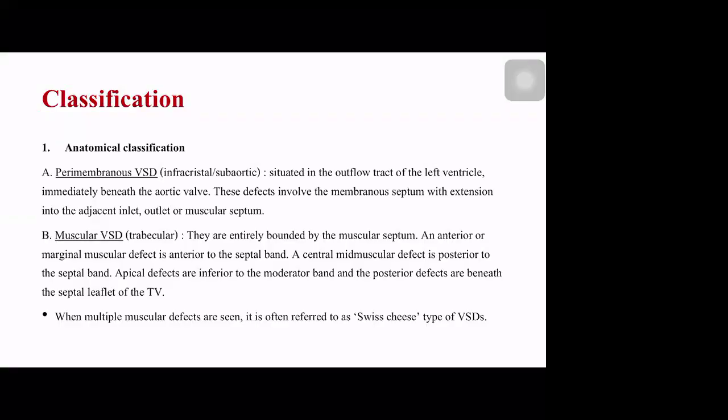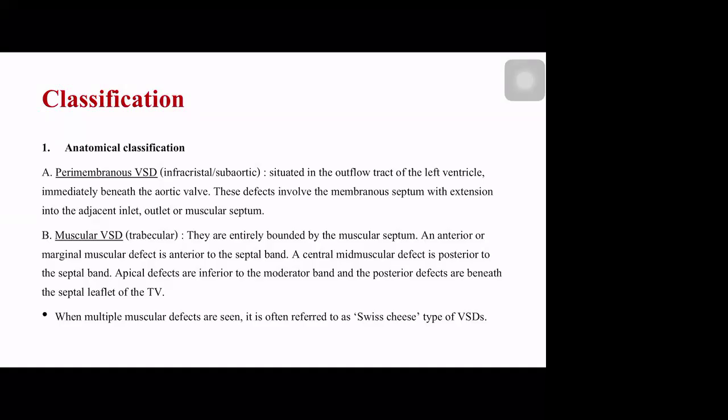An anterior or marginal muscular defect is anterior to the septal band. A central mid-muscular defect is posterior to the septal band. An apical defect is inferior to the moderator band, and the posterior defect is beneath the septal leaflet of the tricuspid valve. So here come two very important anatomical landmarks.